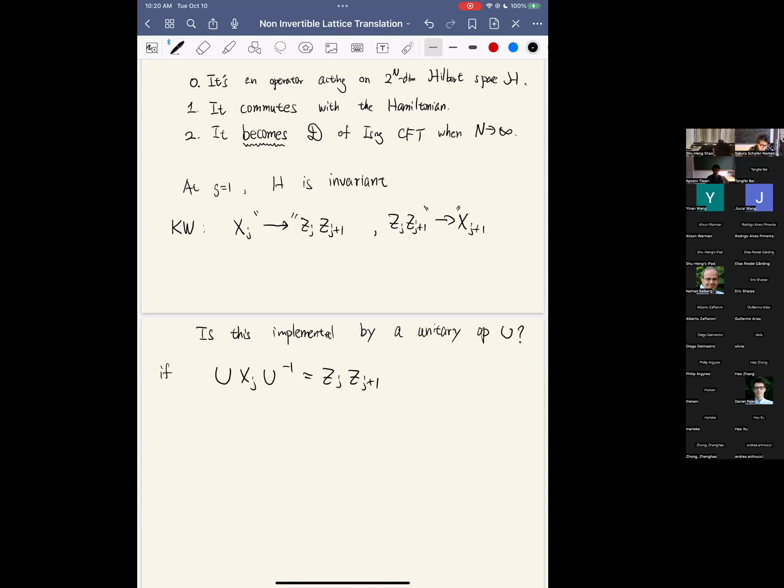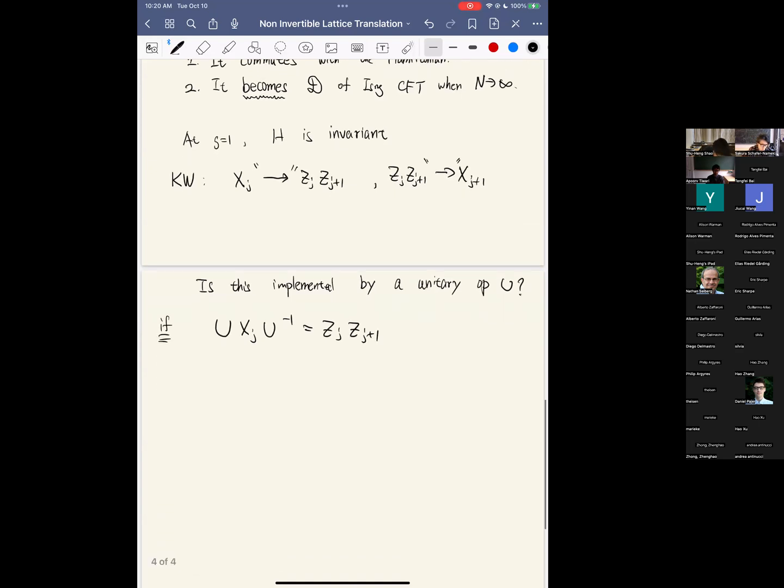If there was such a U, then let's compute U eta U inverse. Let me remind you, eta is the non-trivial Z2 symmetry operator of the Ising model, which is defined as the product over j from 1 to n of X_j. Since U has an inverse, you can act on the individual X_j factor and use this transformation rule to write this as a product of Z_j Z_{j+1}.